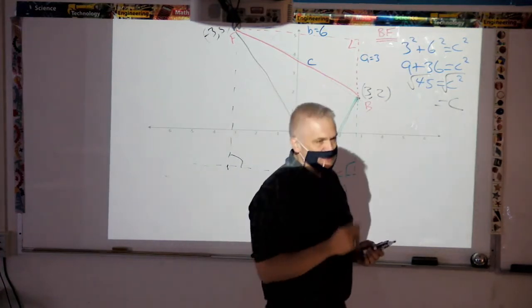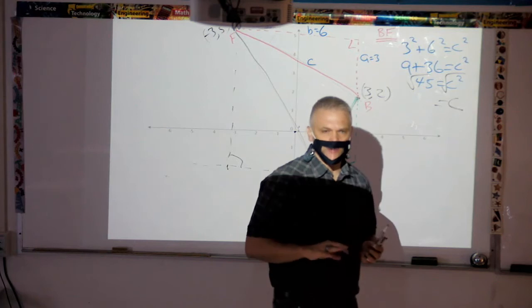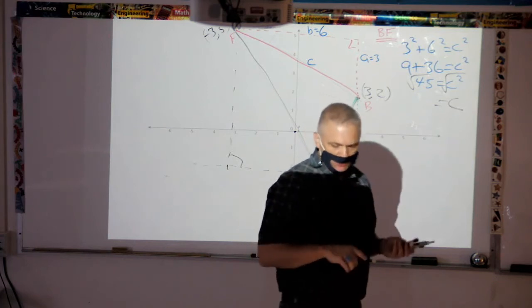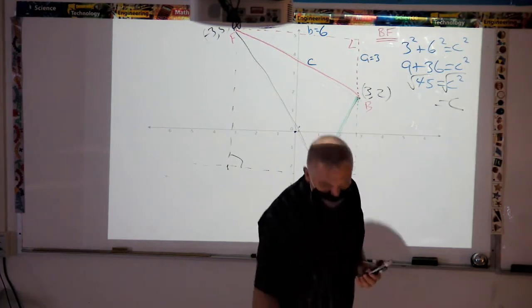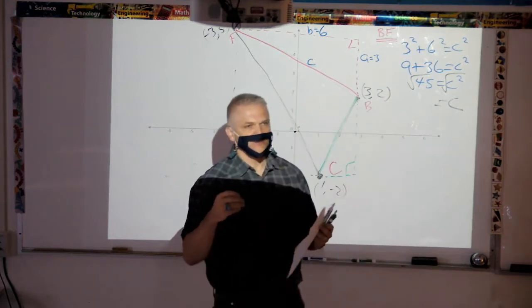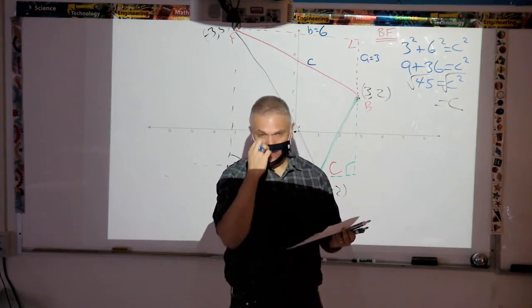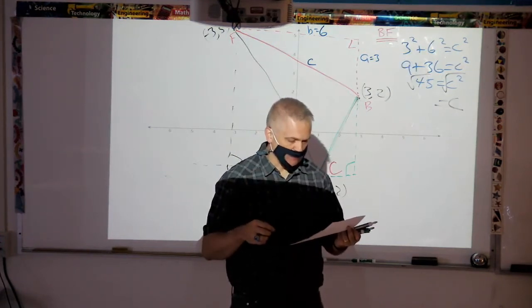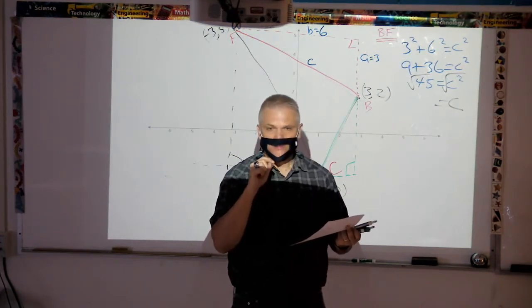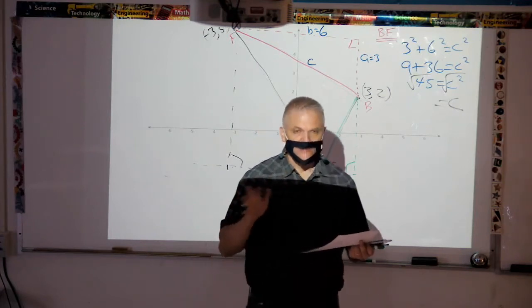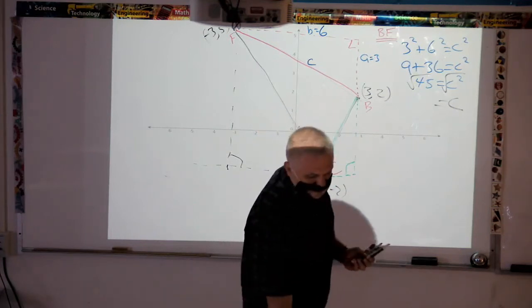It is 6 point something, yeah. We can just leave it as the square root of 45 for right now, but on your culminating activity, it does say to round it. So if you take your calculator and type in square root 45, enter, then you'll round it as the question asks.